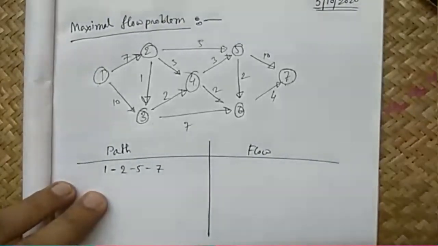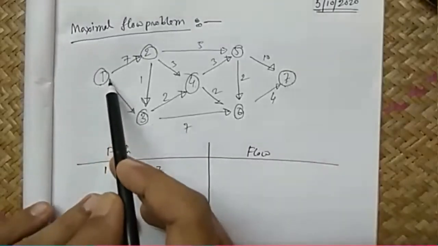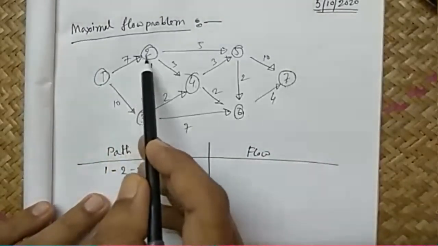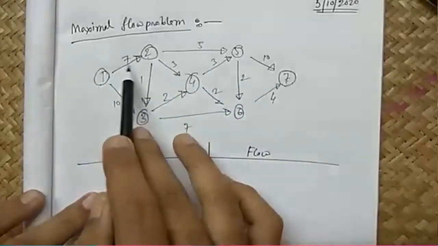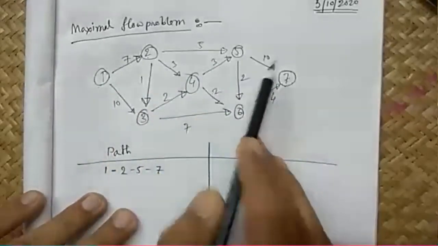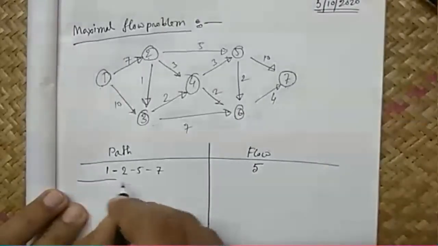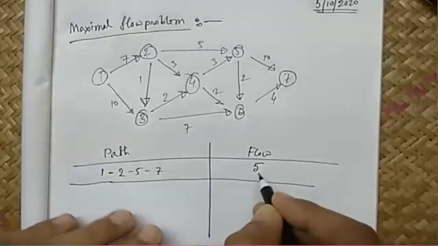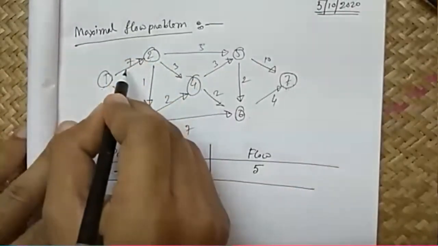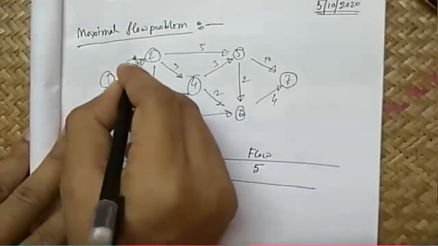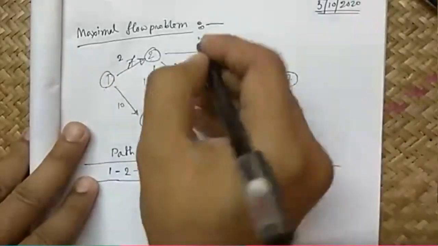If we take 1 2 5 7, as we discussed, the flow possible is the minimum of 7, 5 and 10, which is 5. Whenever we write 5, then this 7 will be updated and there will be 2 capacity left.